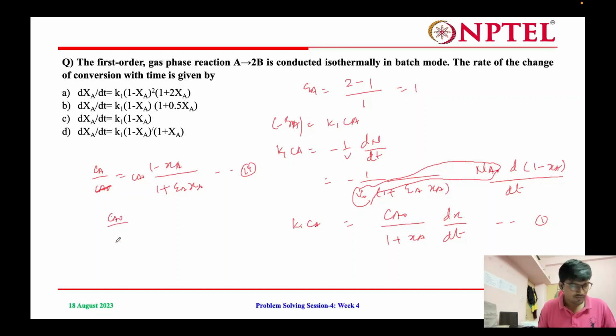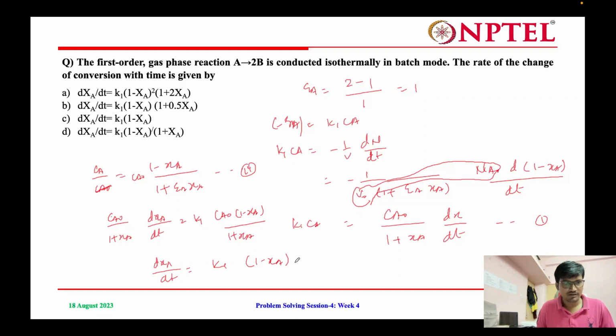CA naught dxa by dt divided by 1 plus XA equal to k1 CA naught into 1 minus XA divided by 1 plus XA. Therefore, dxa by dt equal to k1 into 1 minus XA. Now check the option, right.